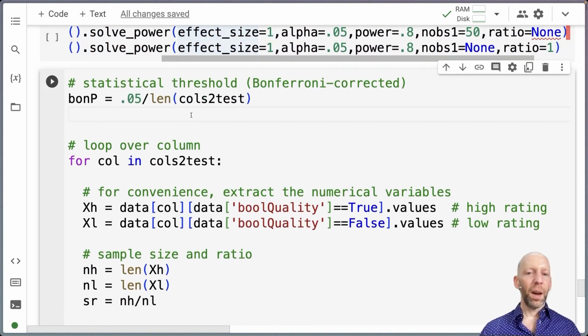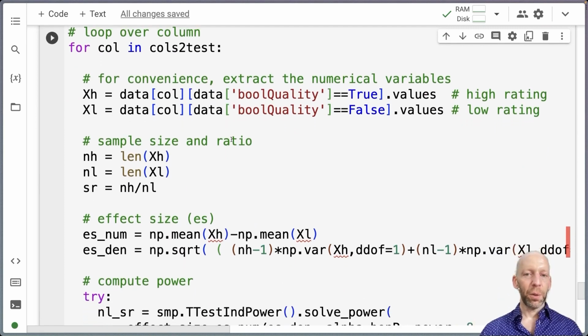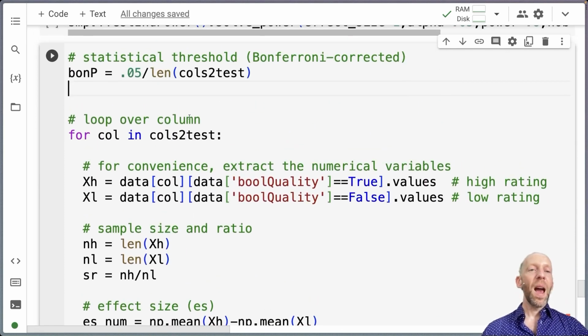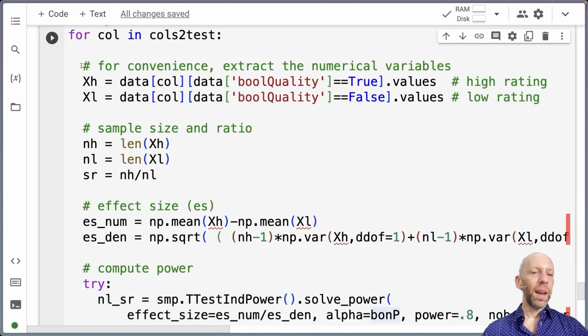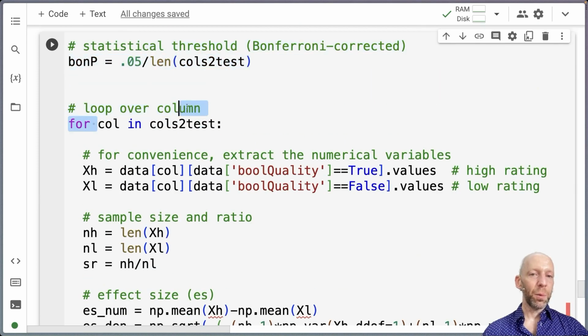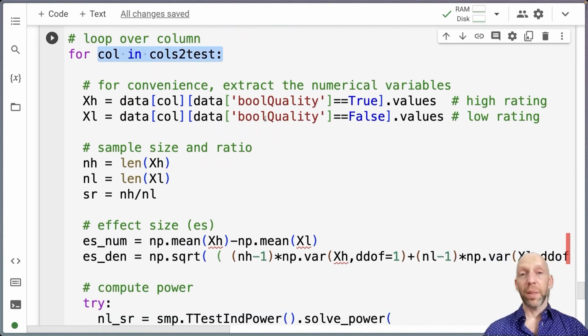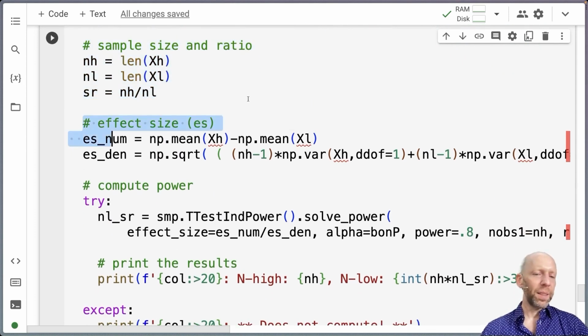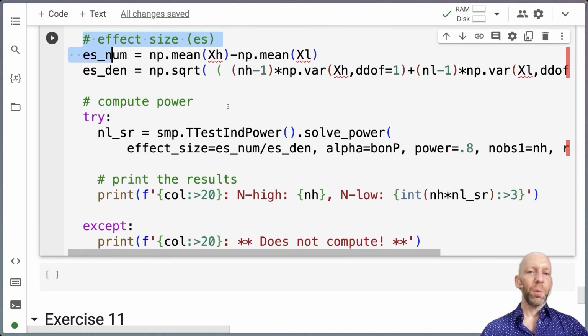Obviously you will recognize a lot of this code. It's nearly identical to the code from the previous exercise. Here's our p-value threshold, extracting the data for each column. We're looping over all the columns, all the data features, the sample size and the ratio, the effect size, all exactly the same. Here is what's new.